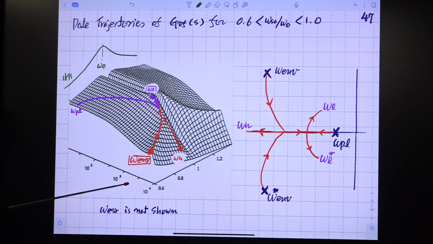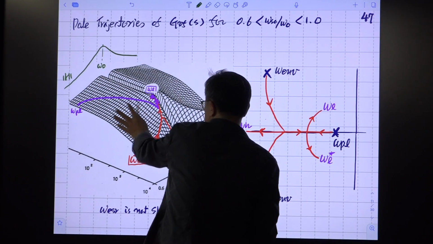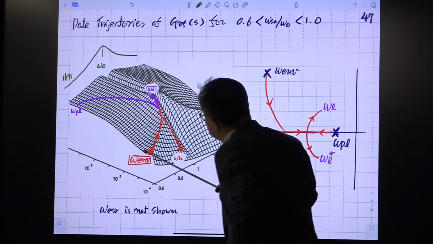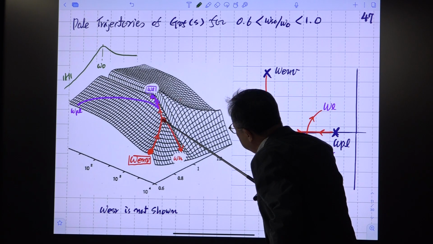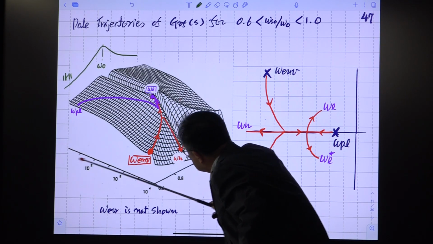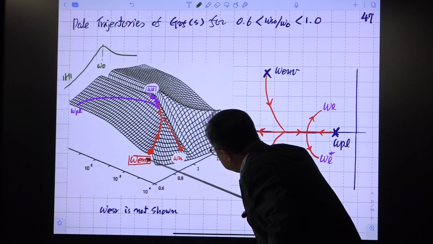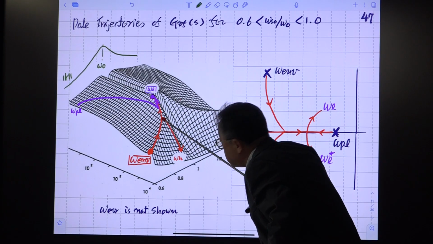So you are working like this, and you are looking at this curve, this shape. Then this double pole is moving like this, in this direction. This frequency is reducing because this is the frequency of omega n. So it occurs at high frequency in omega n, and this frequency is decreasing like this.